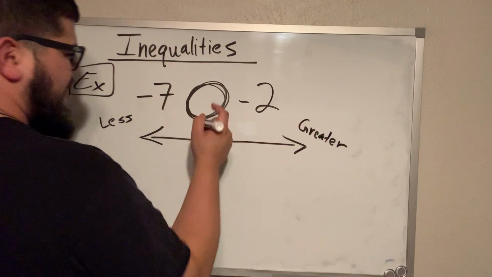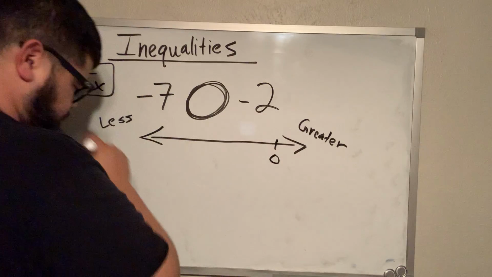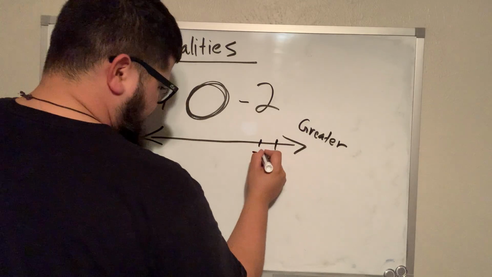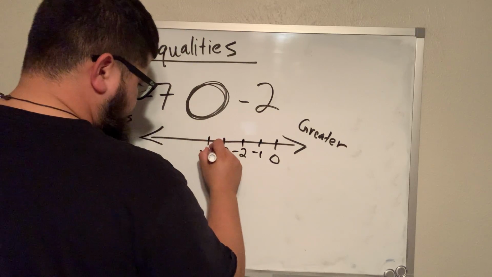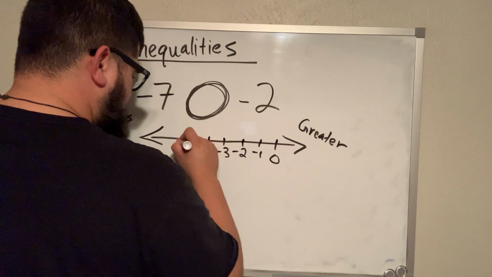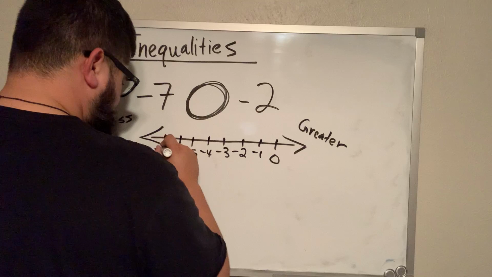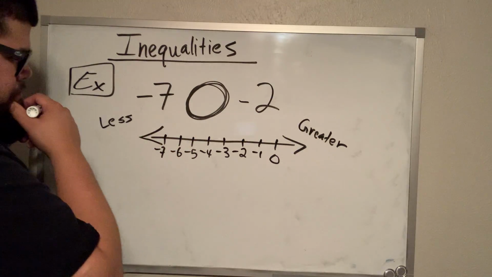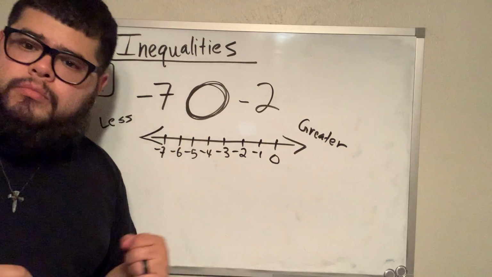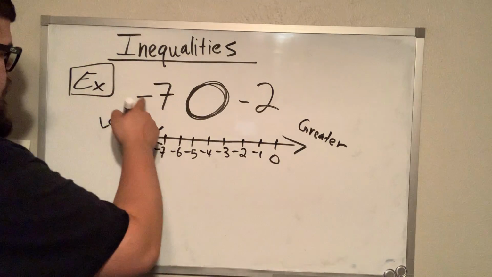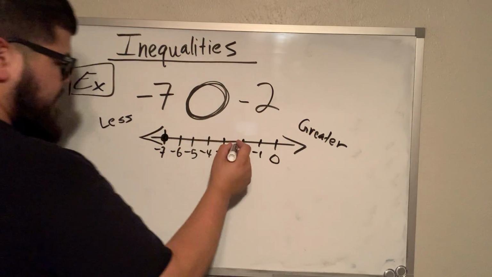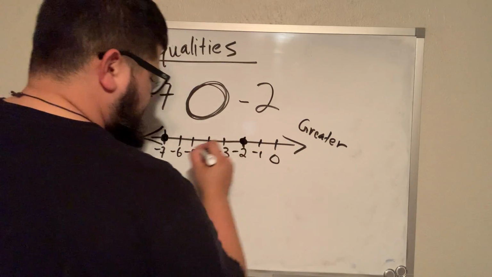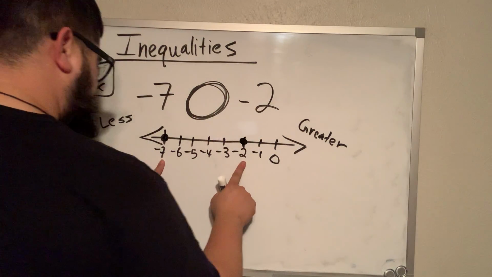So, since these are both negative, we're going to start at 0 here. We have -1, -2, -3, -4, -5, -6, and -7. So we want to plot our numbers on this number line. Our first number is -7. Let's plot that. Next number is -2. Let's go ahead and plot that.